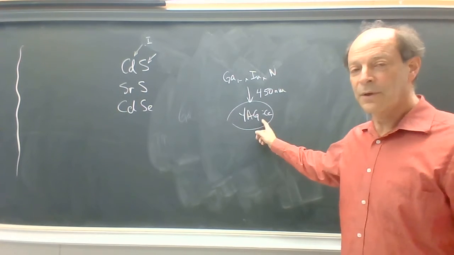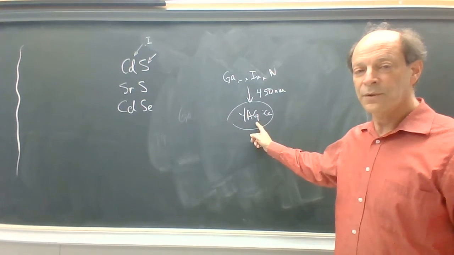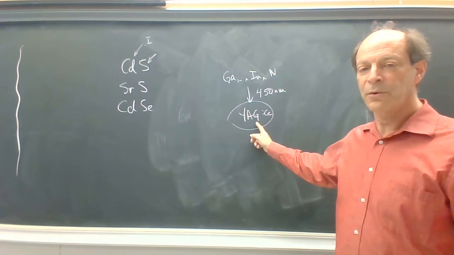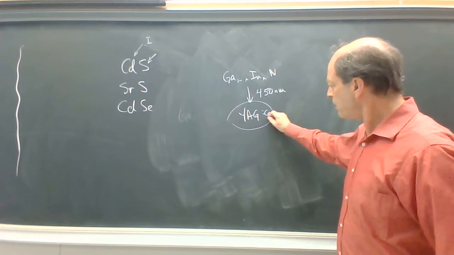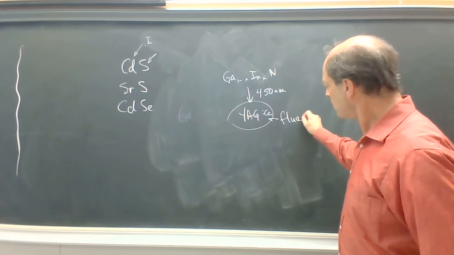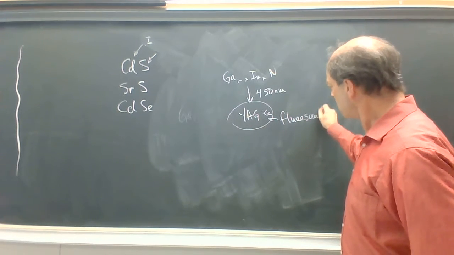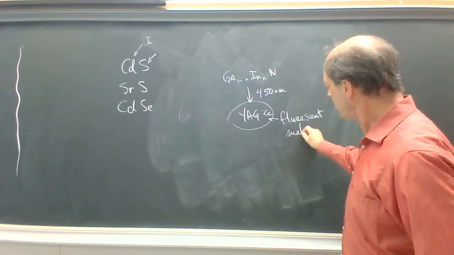So YAG doped with cerium is a phosphor which is actually able to absorb blue light and emit yellow light. So it's what we call a fluorescent material.